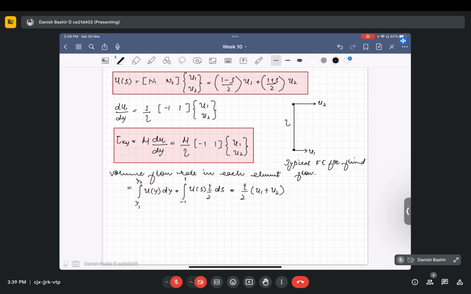So total flow rate will be just the summation of all the elements. Total flow rate will be the sum of volume flow rates from each element.